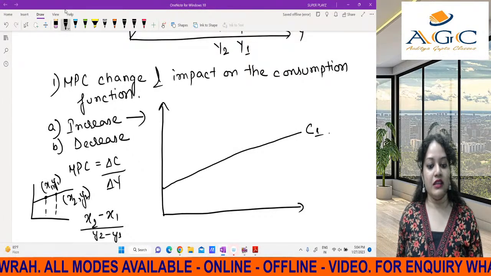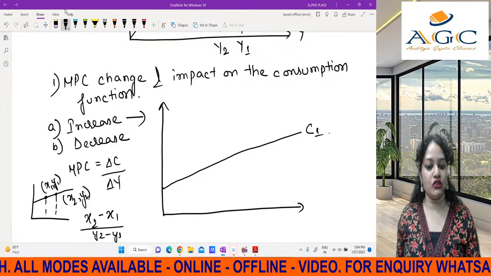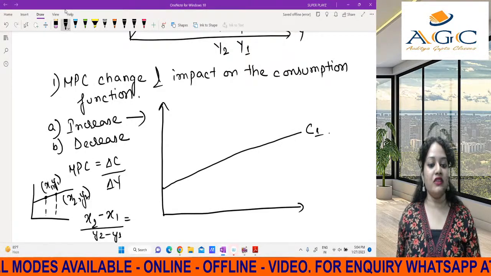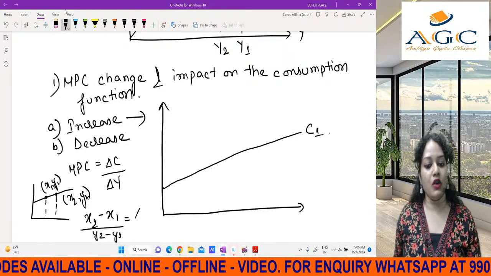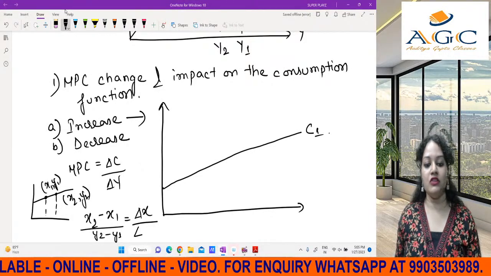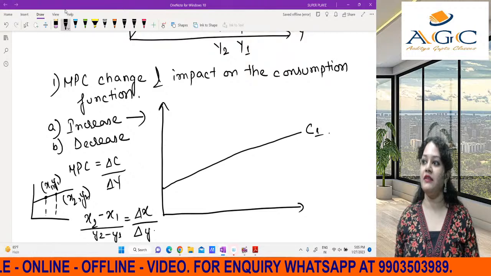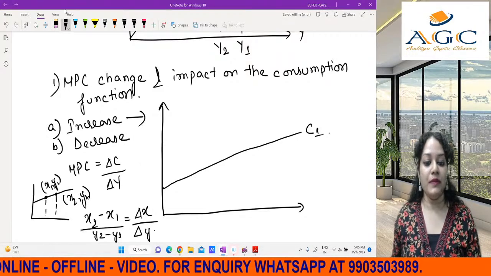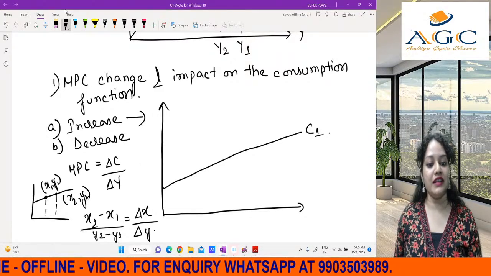This is how you get your slope. Now x2 minus x1 you can call your change in x, and y2 minus y1 your change in y. So basically this is the formula of delta C by delta Y.